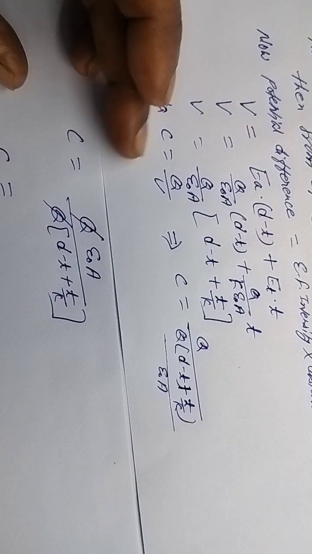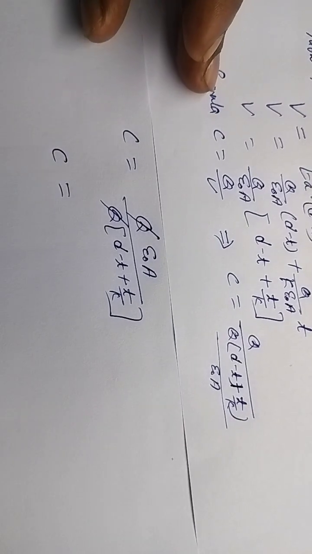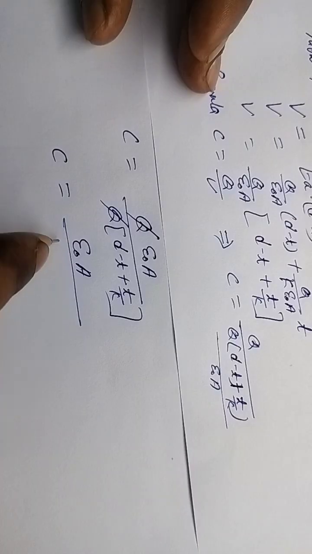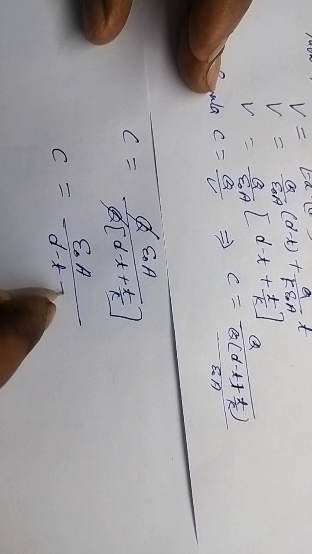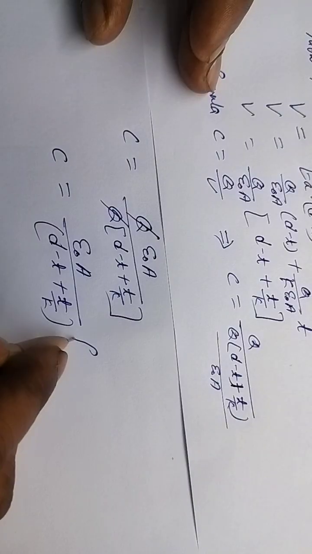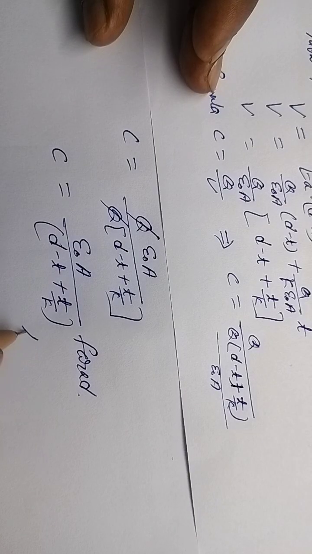C is equal to epsilon 0 A upon d minus t plus t upon K farad. This is our desired derivation.